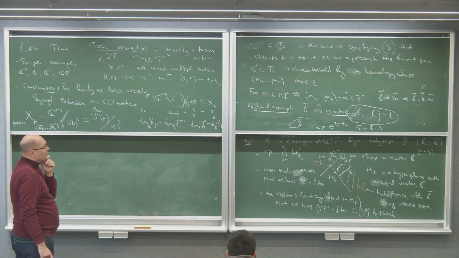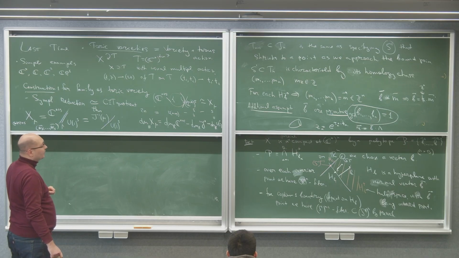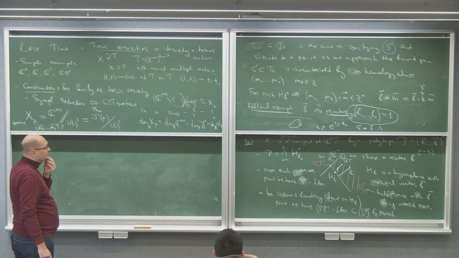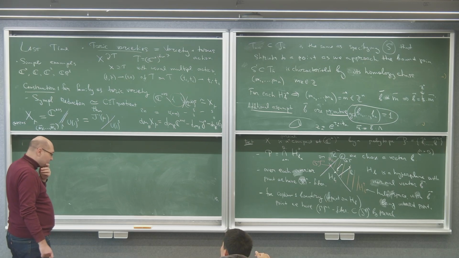That would mean that one of the circles shrinks. In local coordinates and in examples, that's straightforward to see. It means this S1 acts trivially on this hyperplane. Actually, S1 should act trivially.